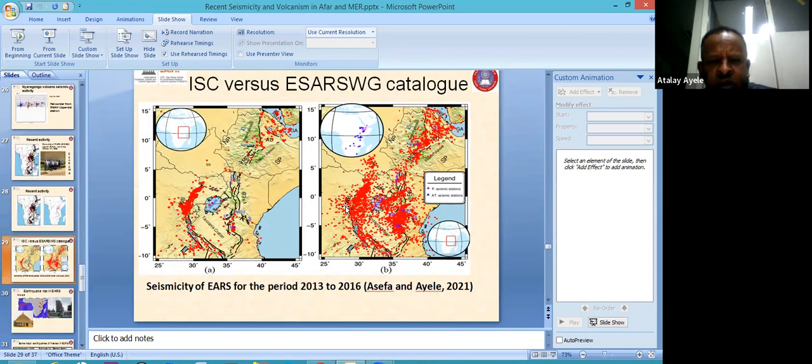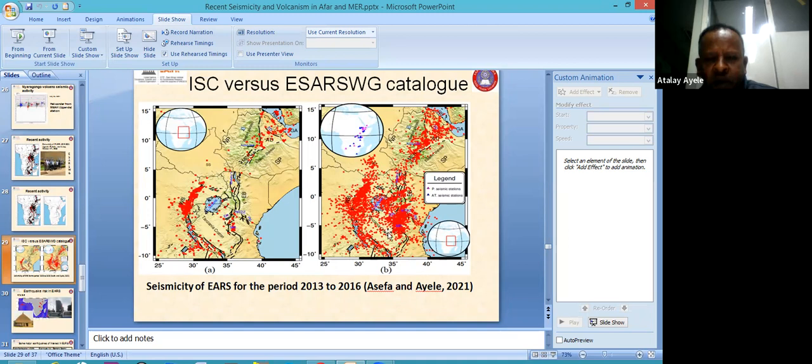My PhD student published this work in the Journal of African Earth Sciences some years back, I think in 2021. He was comparing the time 2013 to 2016. The one on the left panel is the ISC compilation, and the one on the right is the compilation made by the ESARSWG catalog.